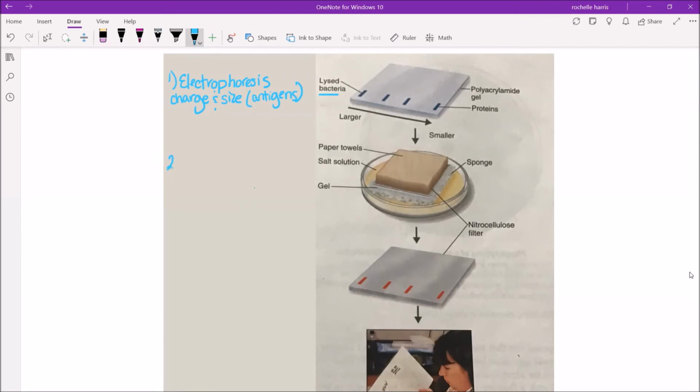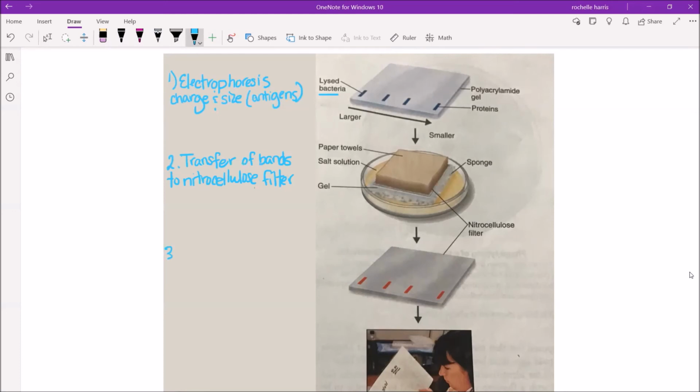So number two. The bands are then transferred to a nitrocellulose filter. So there's a transfer of bands to the nitrocellulose filter, and you see that here.